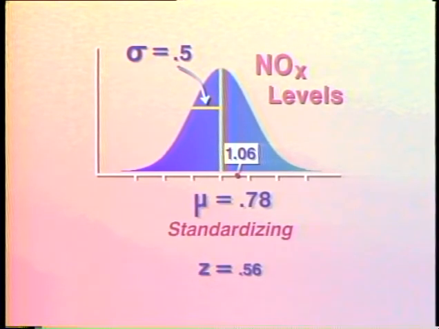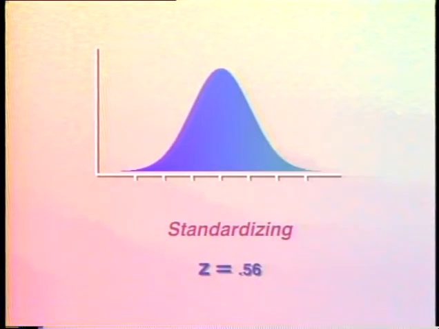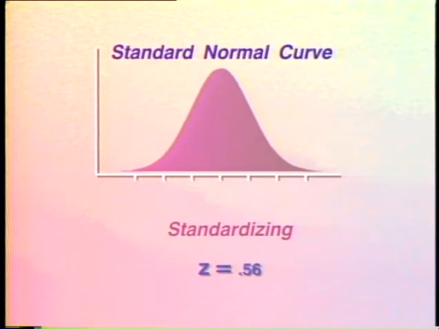If we standardized all of the individual measurements like this, we would get a collection of z values. The distribution of these z values will still be normal, but standardizing produces a special normal distribution, the standard normal curve. Here the mean is set at 0, with a standard deviation of 1. Here's 1 standard deviation on either side of the mean.